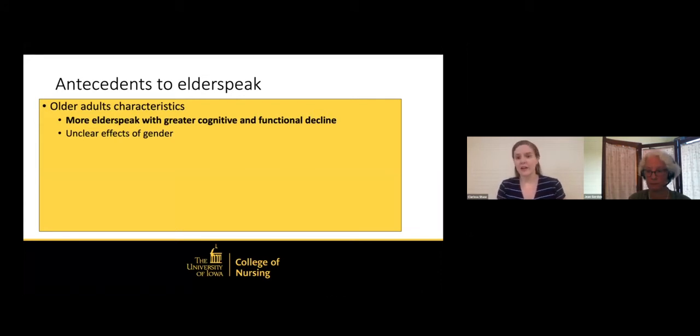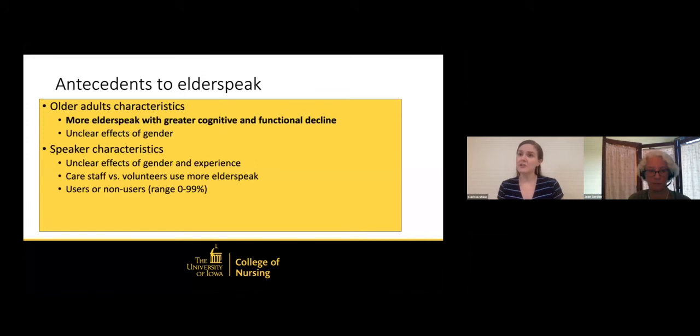And we're a little unclear on that. Similar to the speaker characteristics, you know, we get asked a lot, is it more likely for a female nurse to do it than a male nurse? And again, that's kind of unclear based on the gender of the speaker as well as the experience of the speaker. We do know that care staff tend to use it more than volunteers.